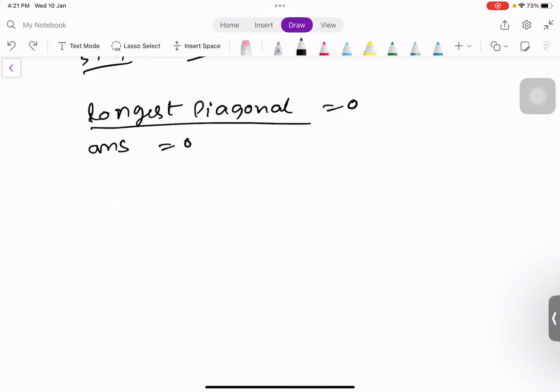The moment we update the longest diagonal, we also update our answer to the area, L into W. But what if the diagonal we obtain at a particular place is equal to the longest diagonal? In that case, we update the answer only if the area is increasing.